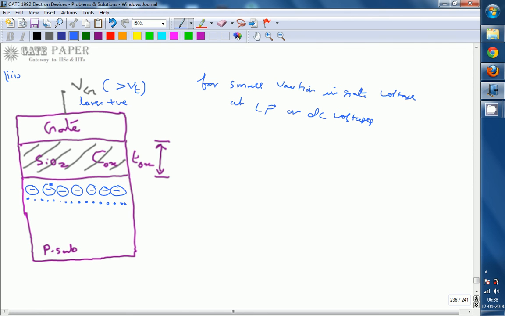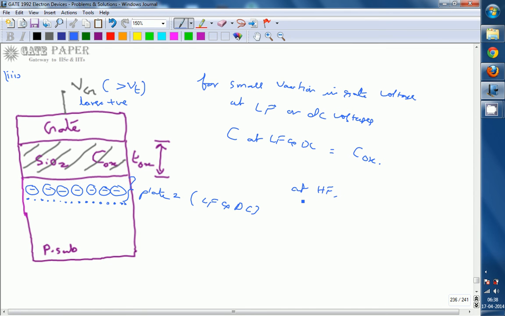That's why the entire thing is going to be treated as plate 2 for low frequencies and at DC values. So the capacitance C at low frequencies and DC will be the same as the oxide capacitance.